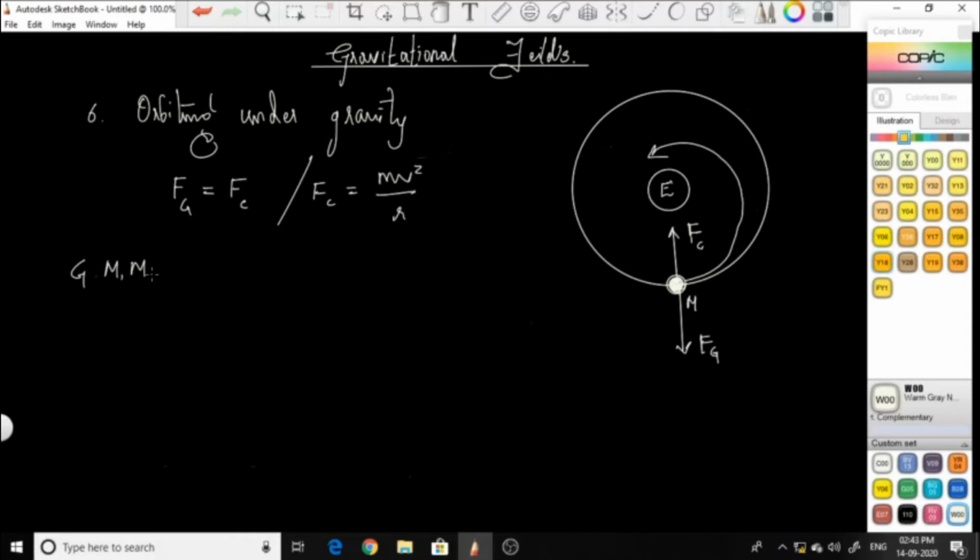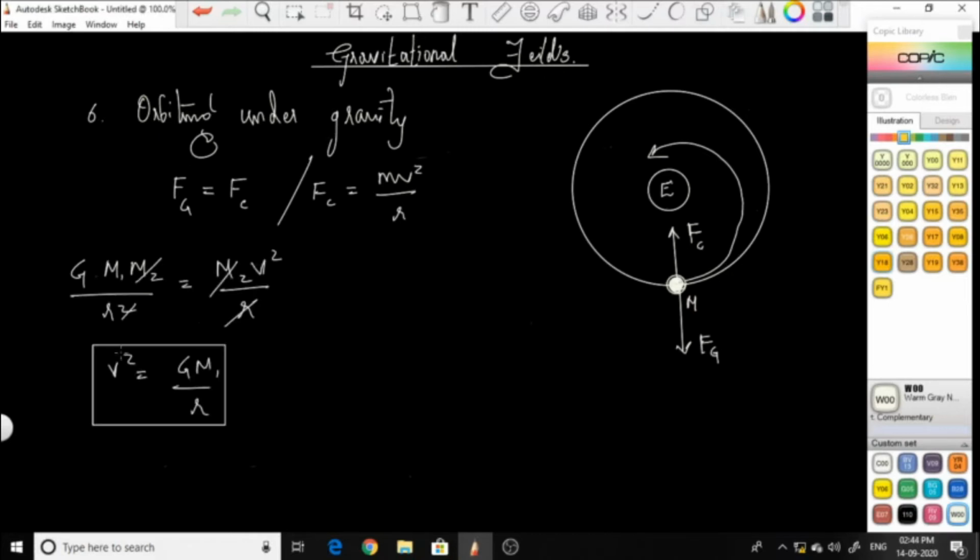So r and r square cancel, m2 and m2 cancel, and now v square is given by G m1 over r. This is one of the important equations through which we will be deriving a lot of other equations.